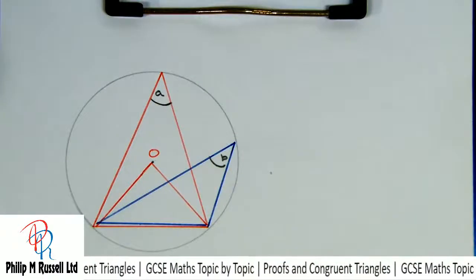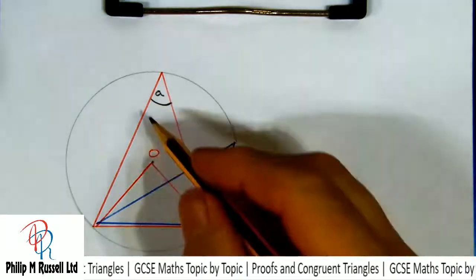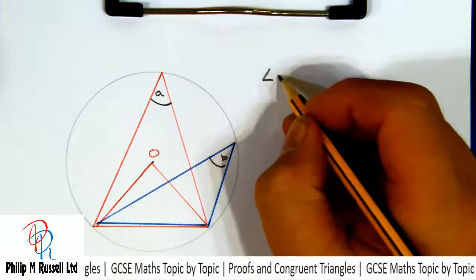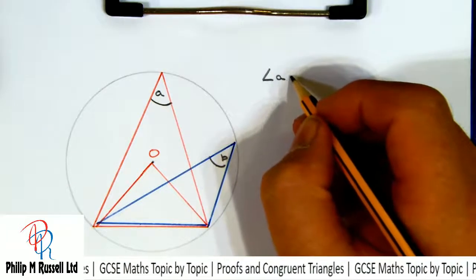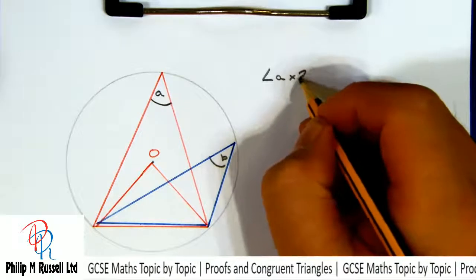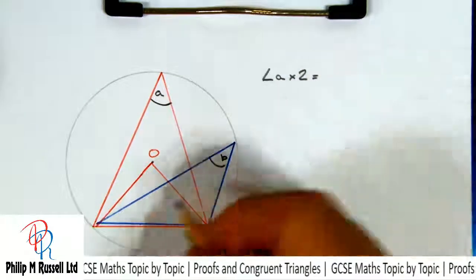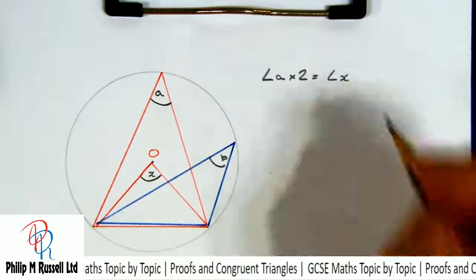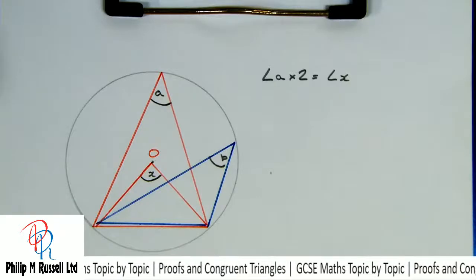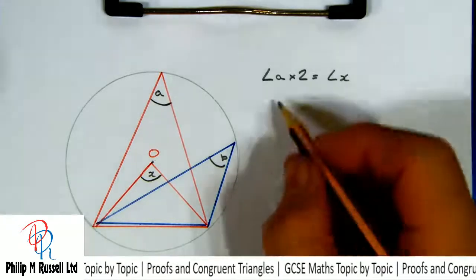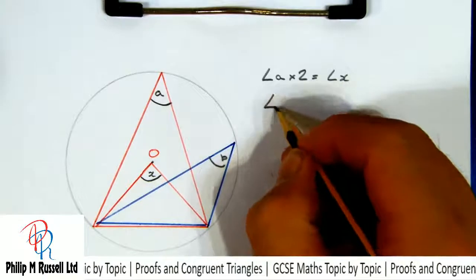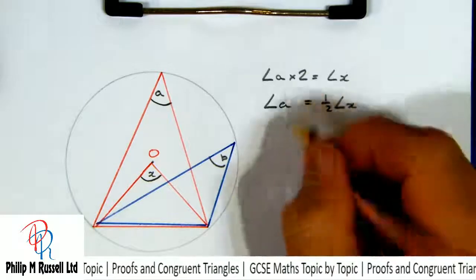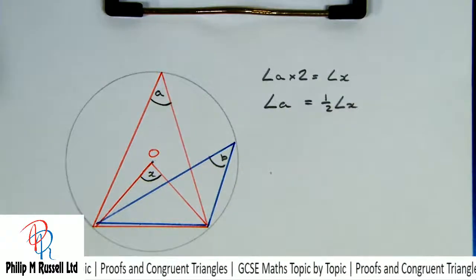And we've just gone through all that effort, so that we can say that angle A times 2 equals angle X. I could have said it just the same way as angle A equals a half of angle X. Take your pick, doesn't really matter.